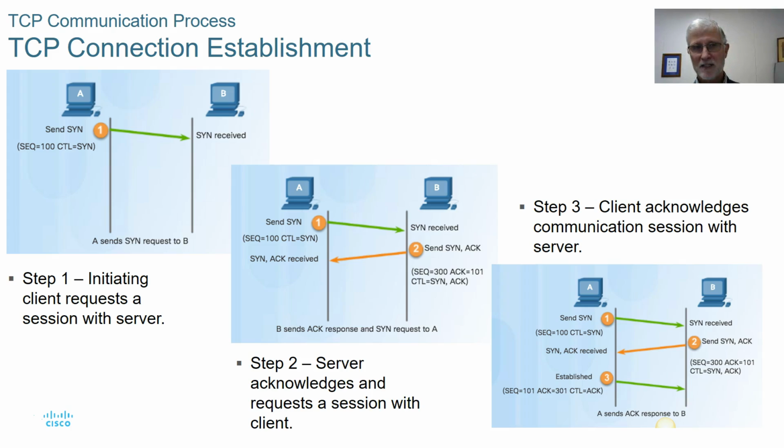The server says, I've acknowledged that you've made a request for a connection, and by the way, you're going to start your sequence number with 300. The next packet I'm expecting is packet 121, and my control flags are SYN and ACK. So it's acknowledging the request for the sync, and here are my terms for negotiation.